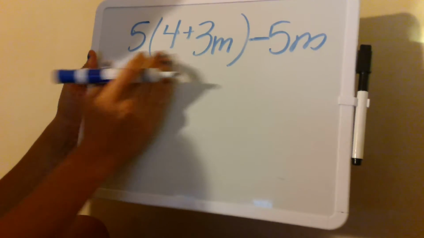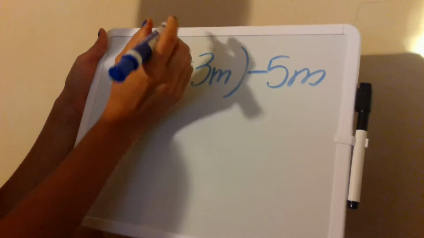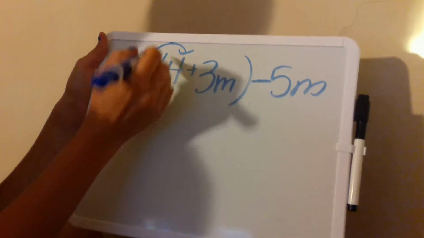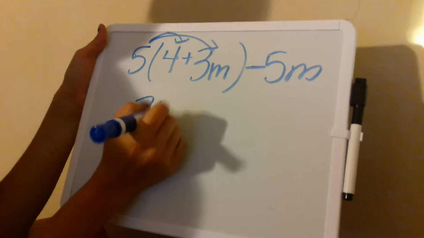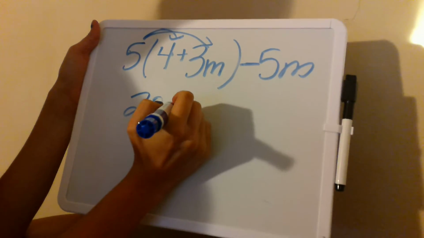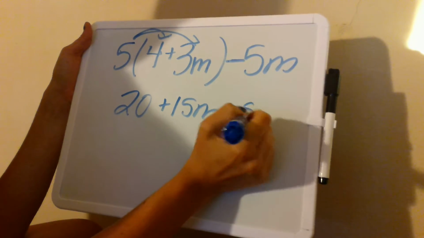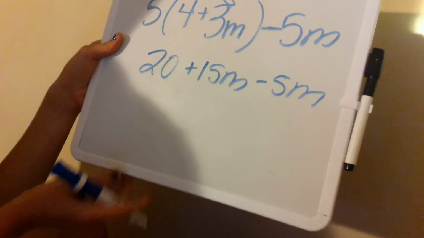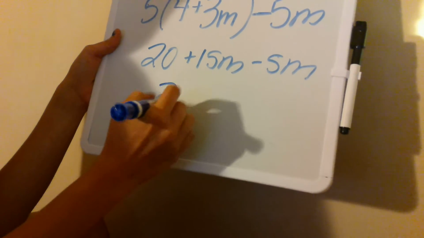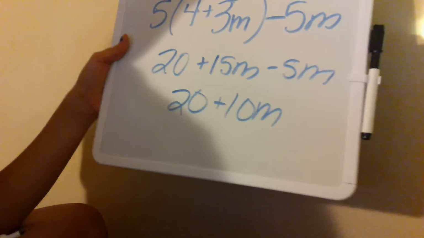Most of the time it's first within the parentheses, the first term in there, but not always, so I just wanted to show you one like that. So we have 5 times 4 and 5 times 3m. So 5 times 4 is going to give us 20. 5 times 3m is going to give us 15m. Then we just bring down our negative 5m. It was not in the parentheses, so it did not get multiplied by the 5. Our like terms are our 15m and our negative 5m. So we're going to get 20 plus 10m as our final answer.